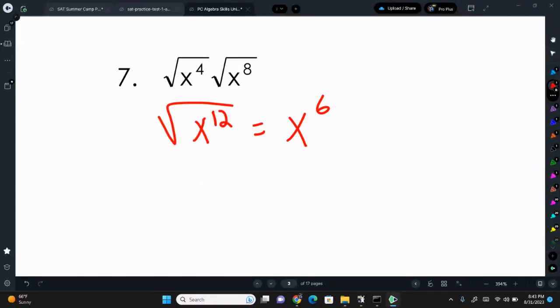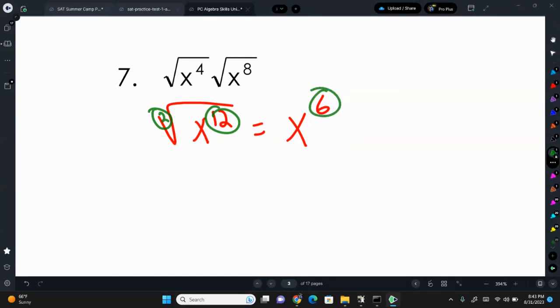All right, so for number 7, once you combine those, you have the square root of x to the 12th, and then 12 divided by 2, because we're taking the square root, is 6. And you may say, well, do I have to put absolute value bars around this? No, you don't, because we started out with an even root, 2, an even exponent, but my answer was also even.